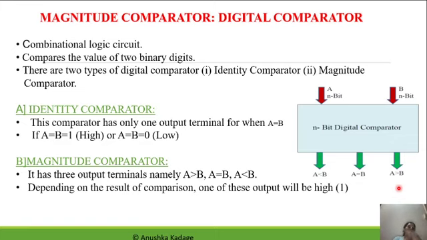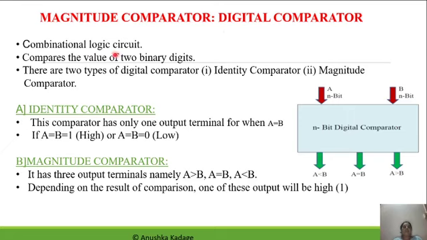So the next logical structure or combinational diagram that we are going to cover is the magnitude comparator. But please mind, friends, that here we are going to compare digital values, and digital value comparison means 0 is compared with 1.